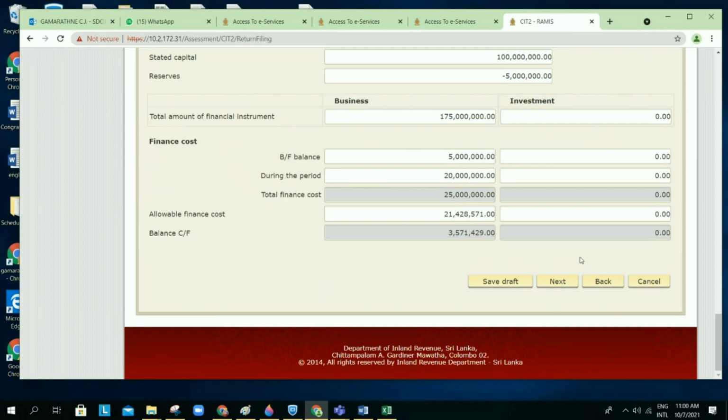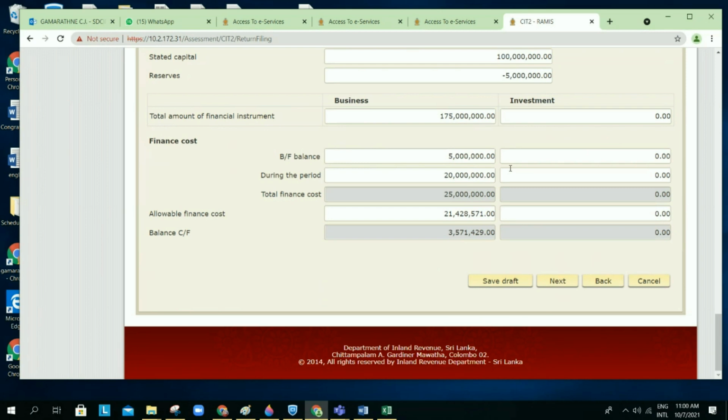Then the brought forward finance cost we identified as 5 million. Brought forward means the previous year's disallowable amount due to excess calculations. It can be used within a 6-year time, right? During the period they incurred 20 million, so altogether they incurred 25 million.